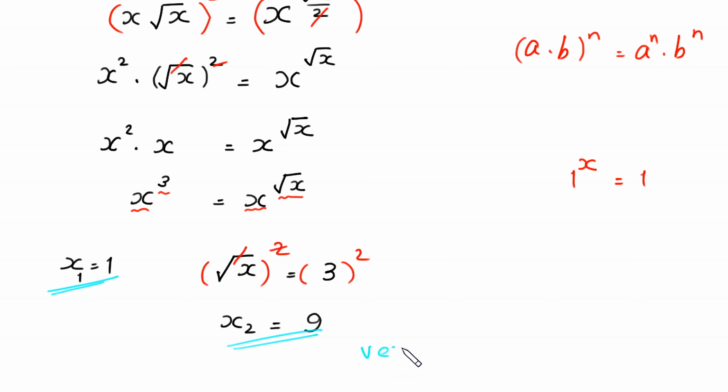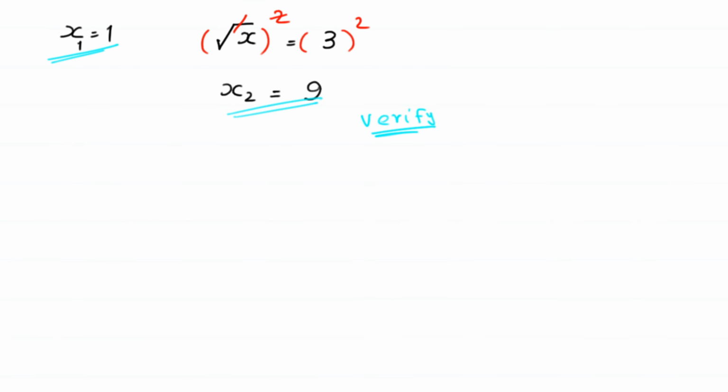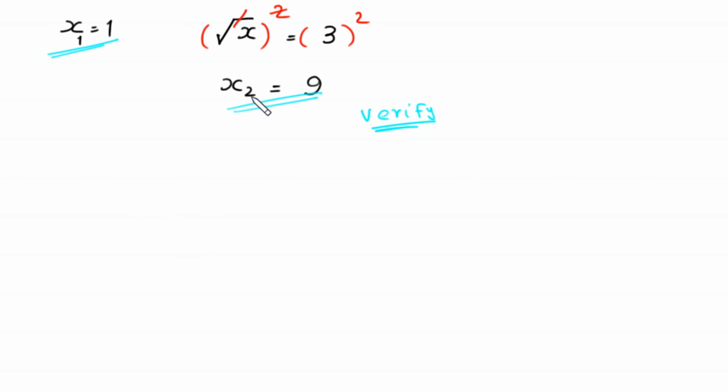Now let's verify these solutions. To verify these solutions we use the original equation, that is x times square root of x is equal to square root of x to the power square root of x. In this equation first we put the value of x, 1.